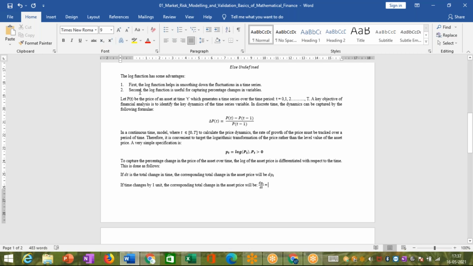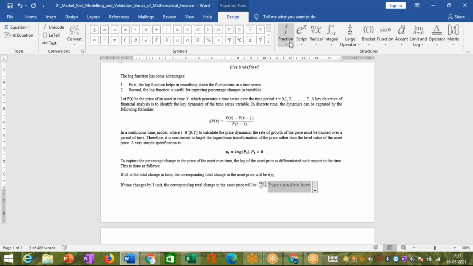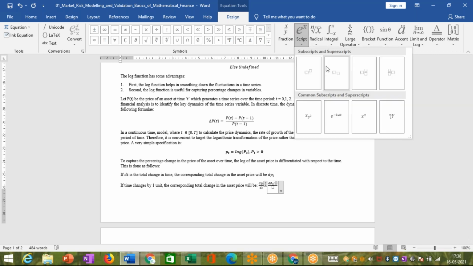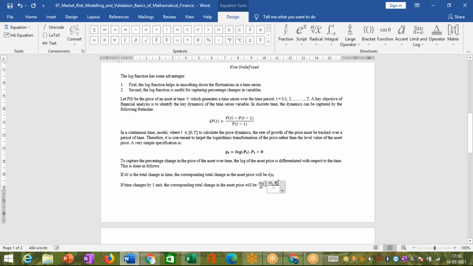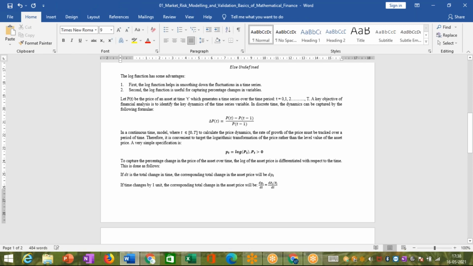So this shows the following: dpt by pt, whole divided by dt.